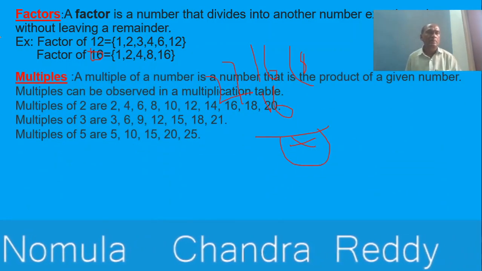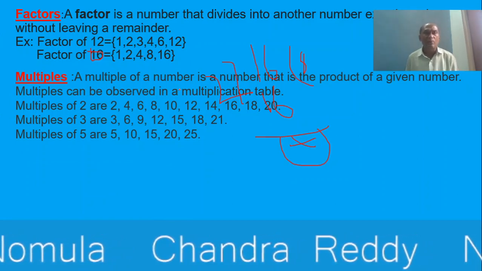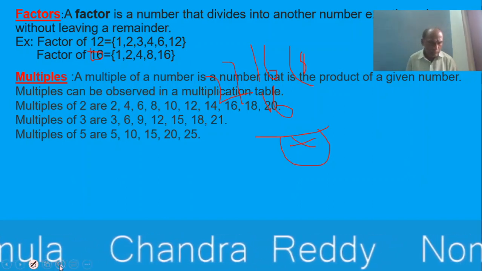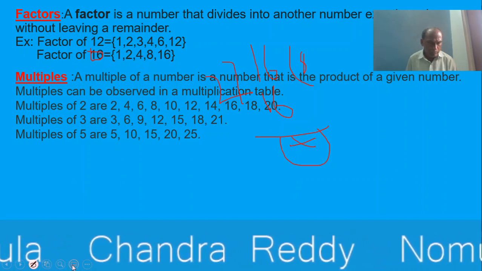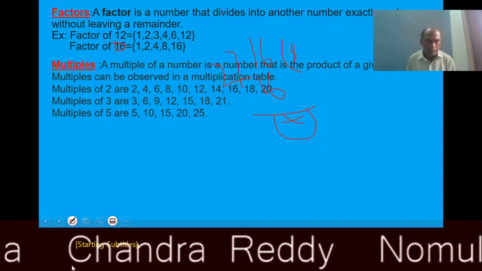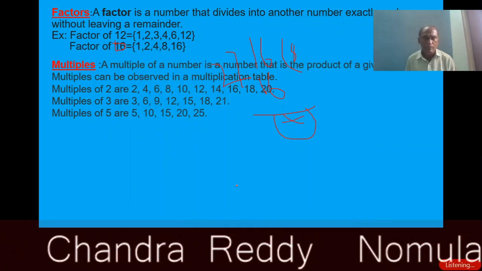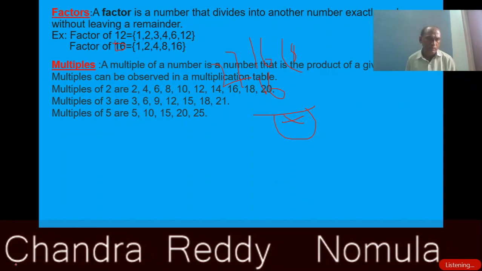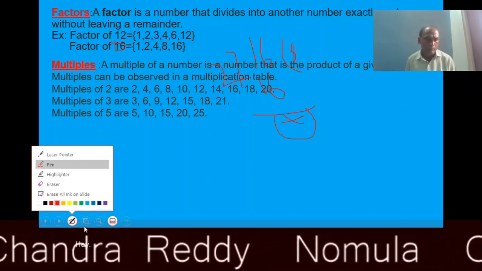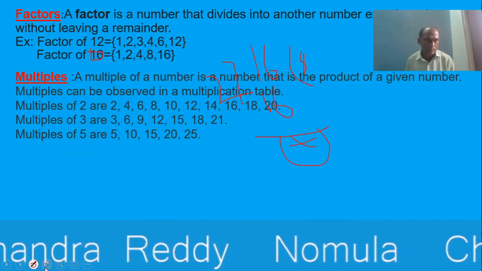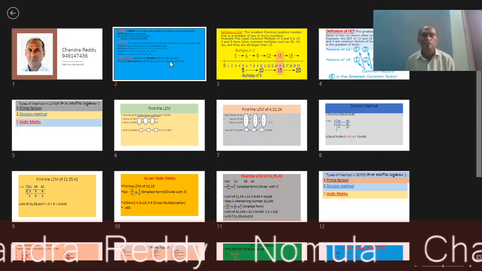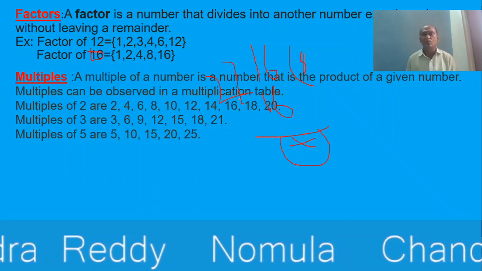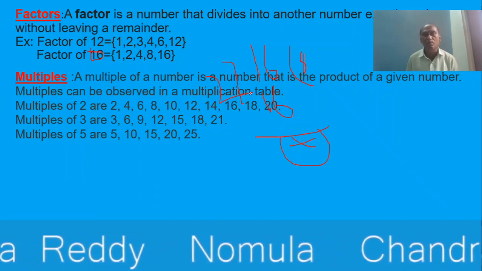Next, a multiple. A multiple of a number is the product of a given number, and multiples can be observed in the multiplication table.